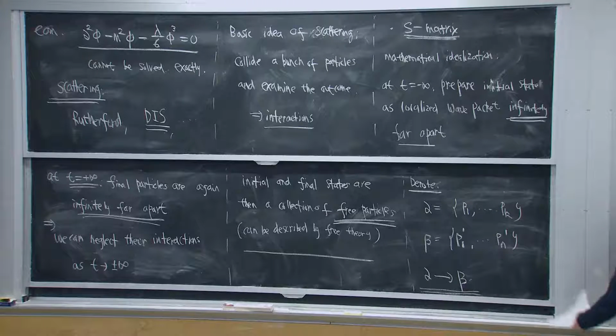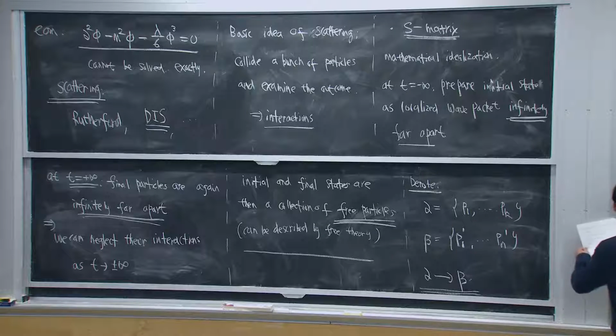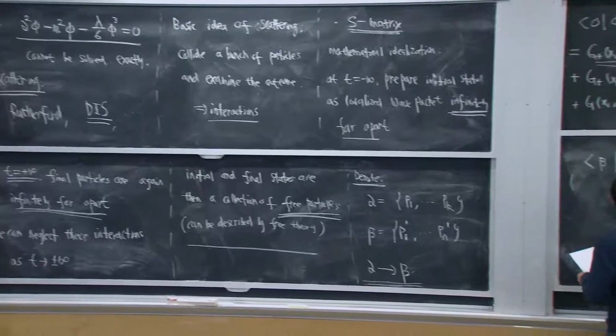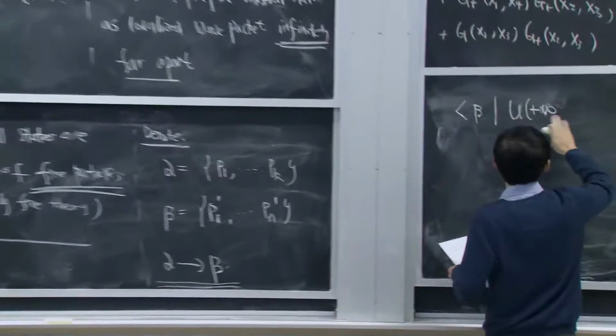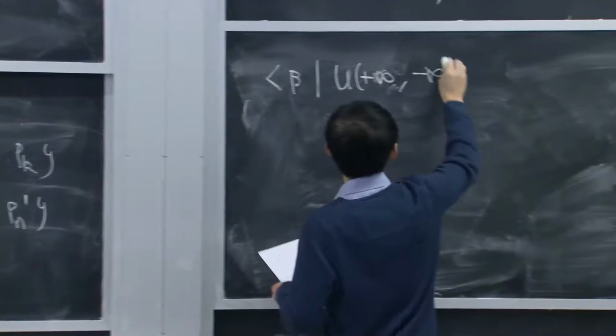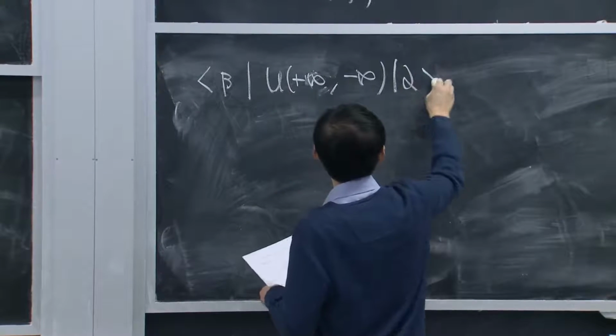To write this precisely, we are looking at, say, in the Heisenberg picture, this is my final state, and I look at the evolution from minus infinity to plus infinity, starting from the initial state alpha.